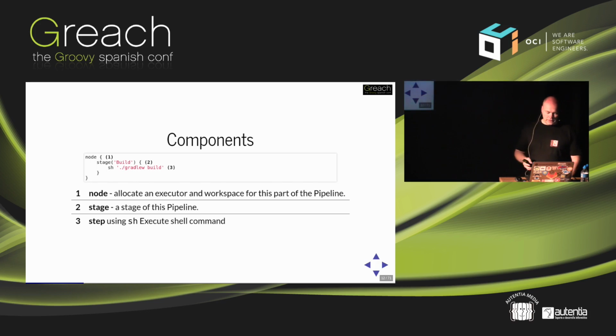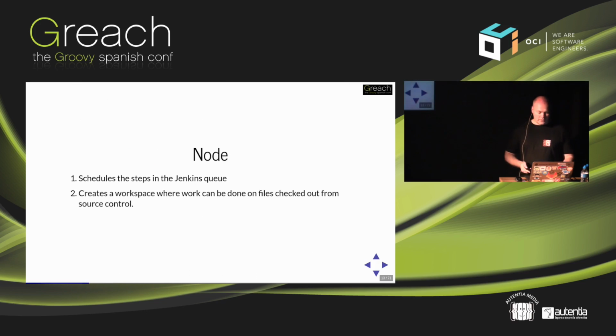The stage is a stage in the pipeline, and we get those nice stages, so we can see exactly how far our pipeline progressed until a failure occurred. And the steps are the ones that actually do work. So here, it's an example of just a shell executing the Gradle wrapper with the build. So that's it. Now you know a lot about Jenkins pipelines. This is a complete one.